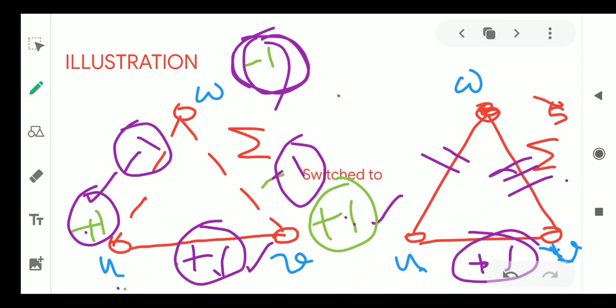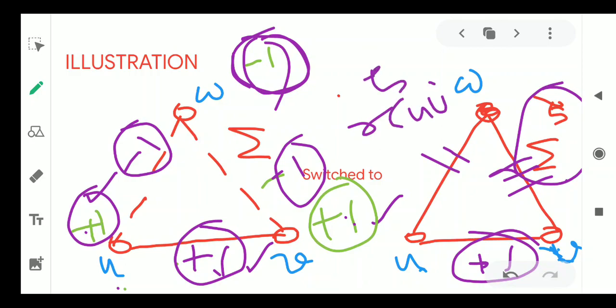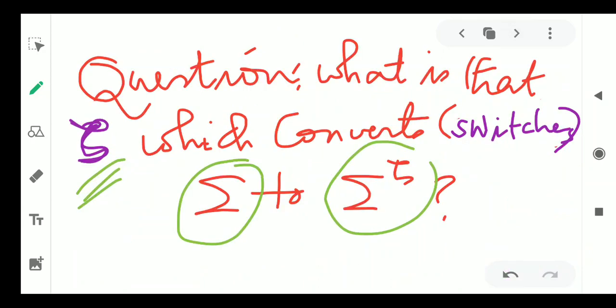See, in the new sigma zeta, sigma zeta of UV is equal to 1, sigma zeta of VW is 1, and so on. So the given sine graph is switched to a new sine graph. A switching function, remember, is a function from the set of vertices to the group {1, -1}.